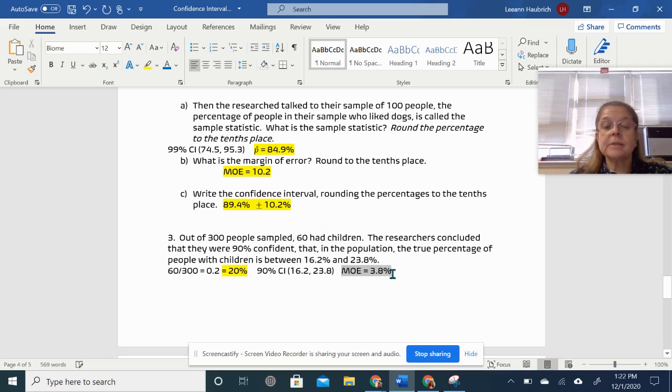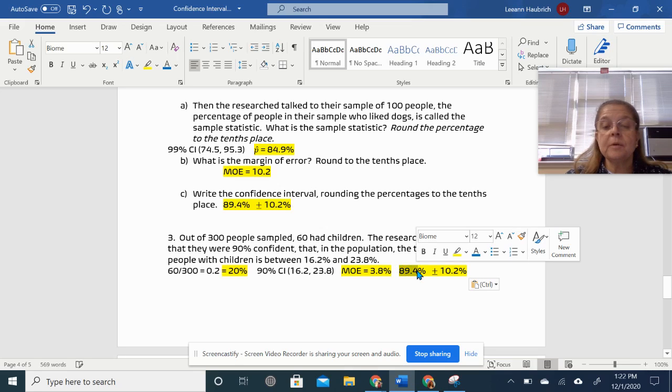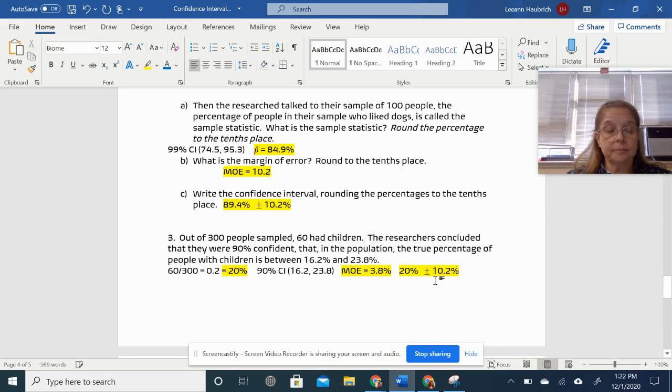So this is good to know. The MOE is 3.8%. And if we write it the way we've written the others, I would just make this 20% plus or minus 3.8%.